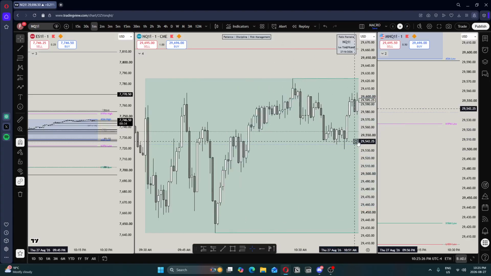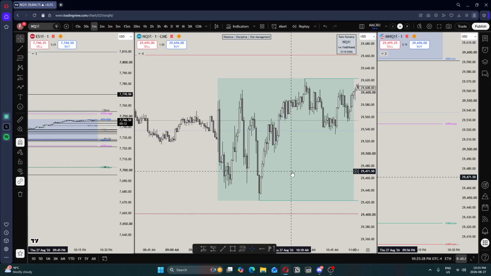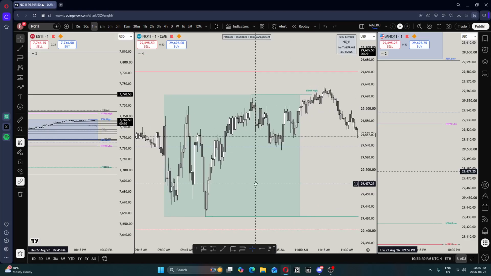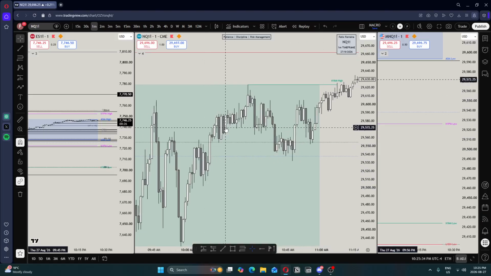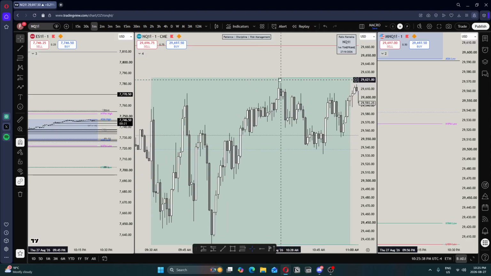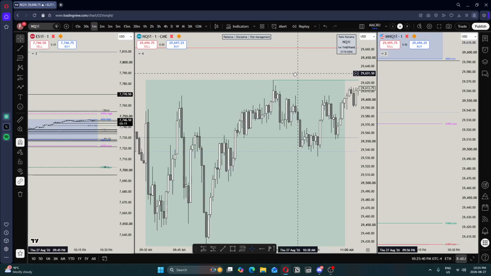I'll do an example here for a limit order as well. So let's just say something like this. Price is coming up higher here at this time, and this is going into around 10:28 a.m., 10:27.